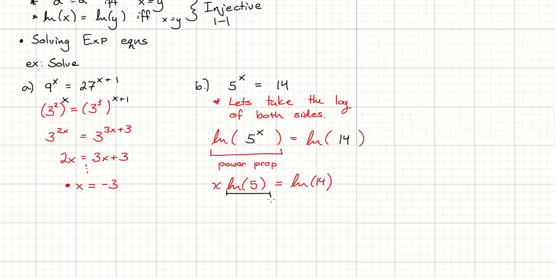I don't know what it is, 2 something. I don't know. This is a number. I want to stress that importance. Instead of saying ln 5, do you agree that it's just x times a number? If I want to solve for x, but it's being multiplied by a number, how do you undo that? Louder? Divide. And what's the number that I'm going to divide both sides by?